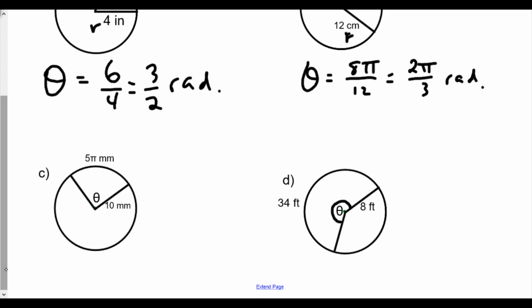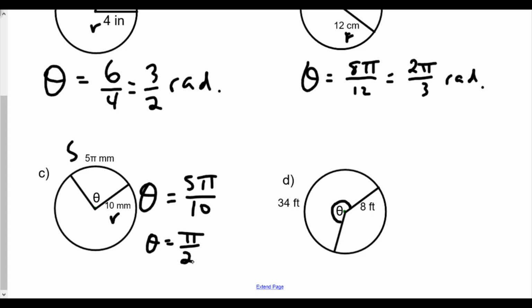For C, again, this will be S, the arc length, and this is R, the radius. So theta, the angle measure, is 5 pi over 10, and therefore theta is equal to pi over 2 radians.